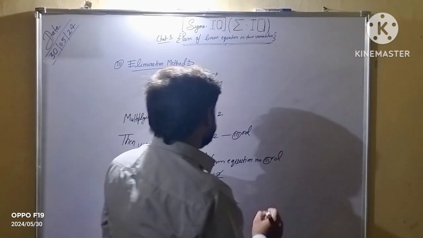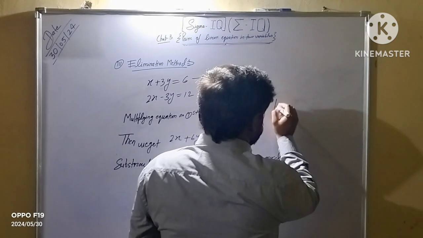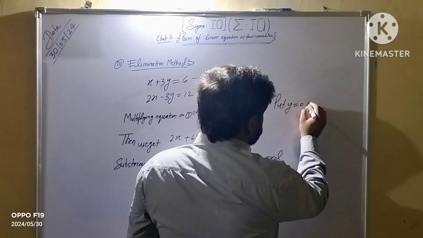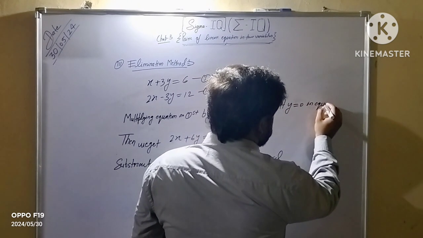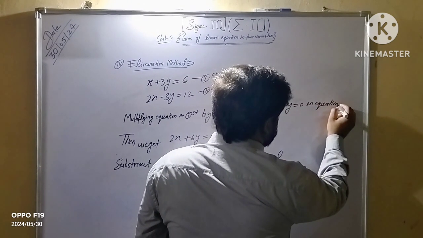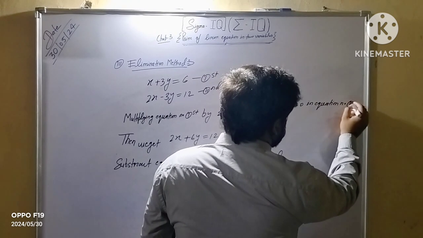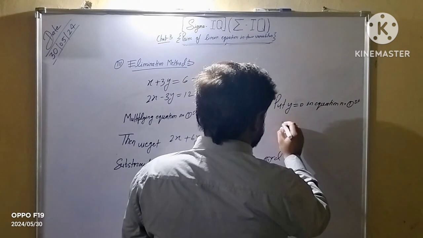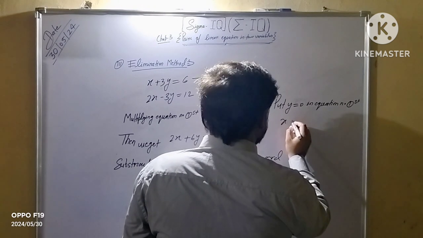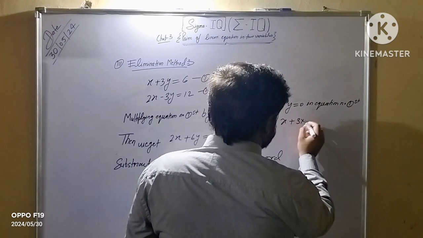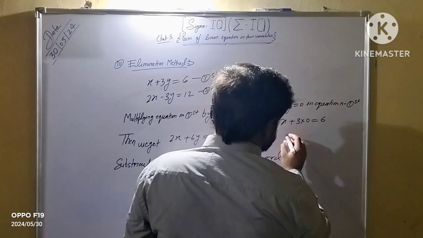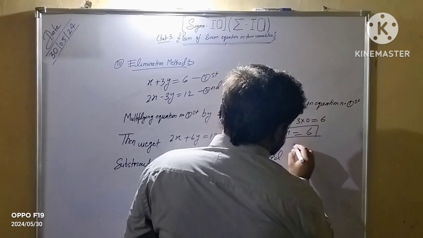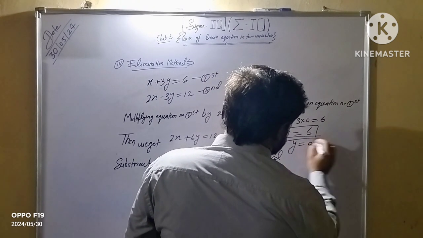Put y equal to 0 in equation number first. Then we get x plus 3 into 0 equal to 6. x equal to 6. y equal to 0.